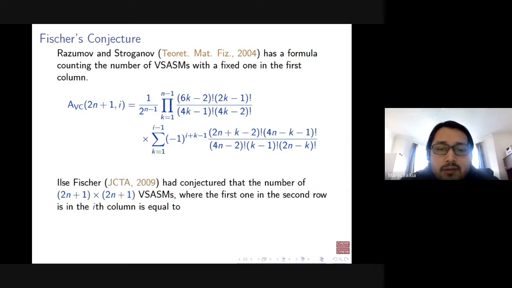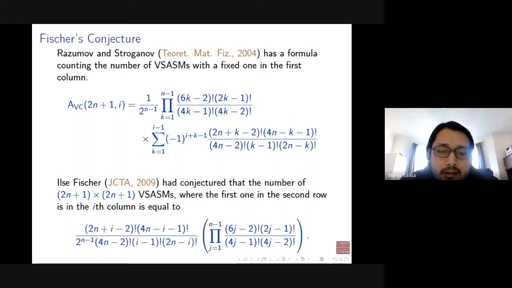So Fischer conjectured a similar formula for the refined enumeration of vertically symmetric alternating sign matrices, where the first 1 in the second row is now fixed in the ith column. She conjectured that this is equal to this product. You can see that this particular product in the braces is the same as this one, and the 2 and minus 1 is also here.